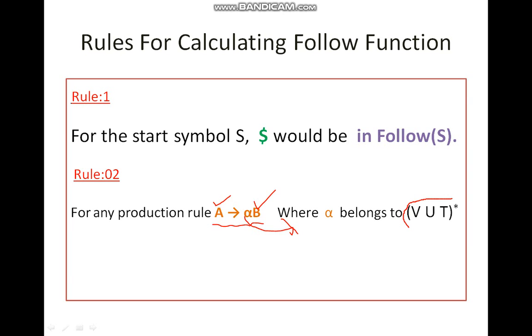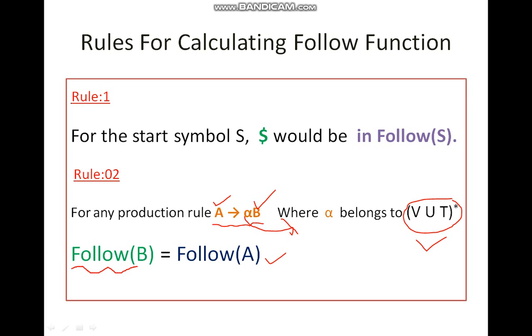It could be a combination of variables and terminals and their Kleene closure, it could be epsilon, or any combination of variables and terminals, or only variables, or only terminals. I will show you in one suitable example. In that case, follow of B would be follow of A. So this is rule number 2.